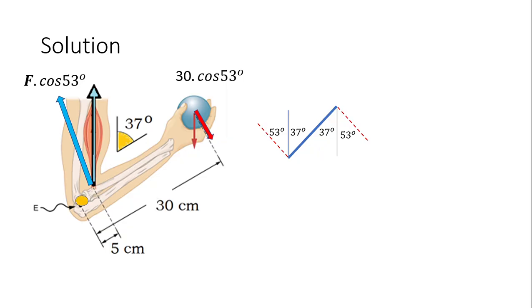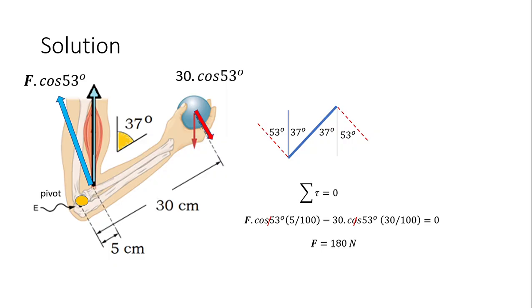And we pick the pivot here. The total moment has to be 0. The cosine 53 cancels, so the forces must be the same. The force is 180 newtons, 6 times bigger than the weight of the ball. This is how the biceps work.